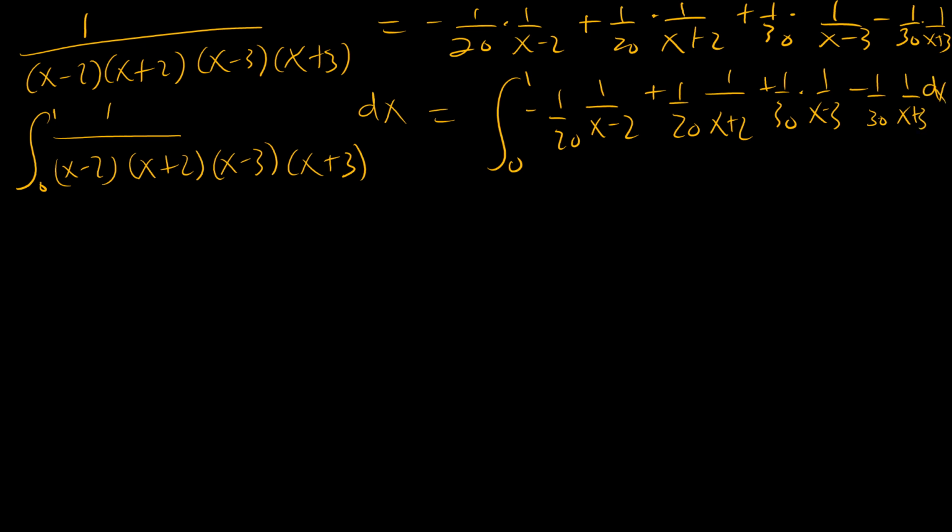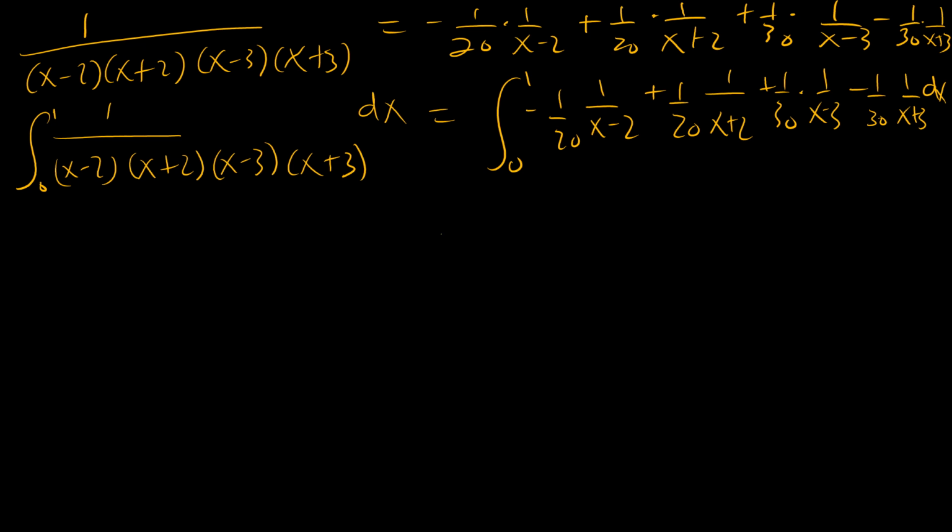So it's very important to see that within the domain 0 to 1, x minus 2 is something less than 0, so this becomes negative and negative here.